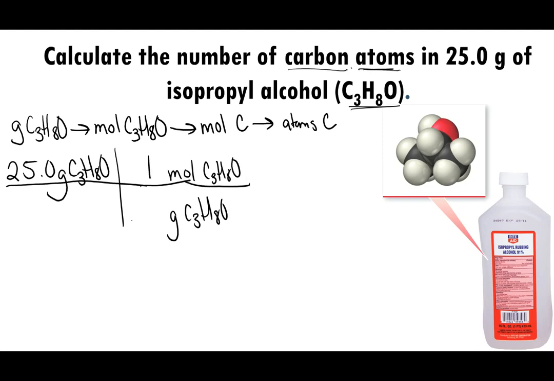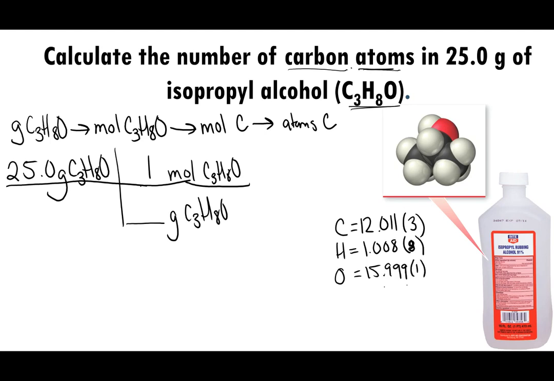And in 1 mole, we've got to determine number of grams. So I'm going to do that quickly over here to the side. So, carbon is 12.011, and there's 3 of them. Hydrogen is 1.008. There's 8 of them. And oxygen is 15.999. And there's 1 of them.